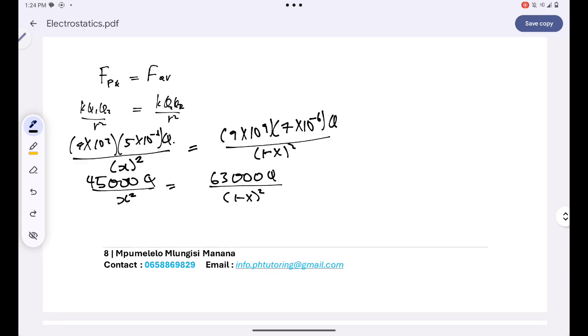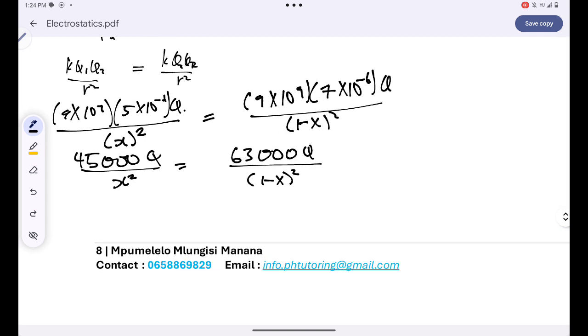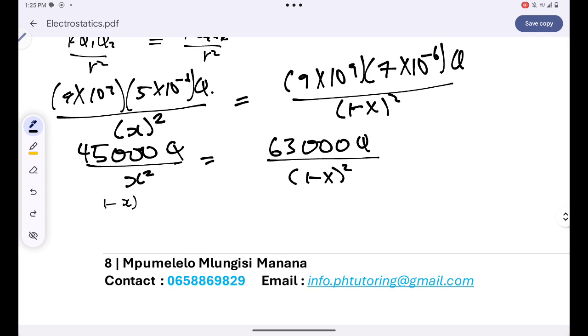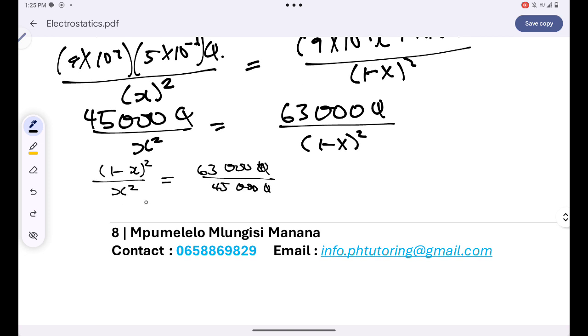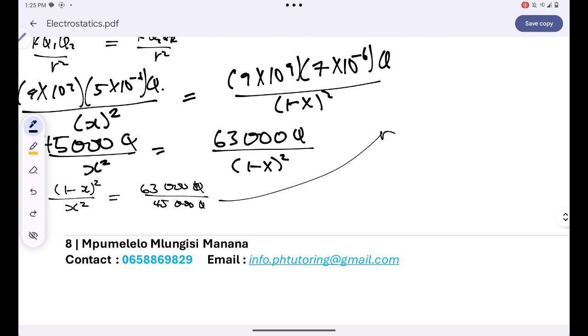I can just cross multiply over here. Whenever I cross multiply, I'll end up having 1 minus x all squared over x squared is equal to 63,000 Q all over 45,000 Q. So 63,000 divided by 45,000 will give me 1 minus x all squared over x squared is equal to 7 over 5.